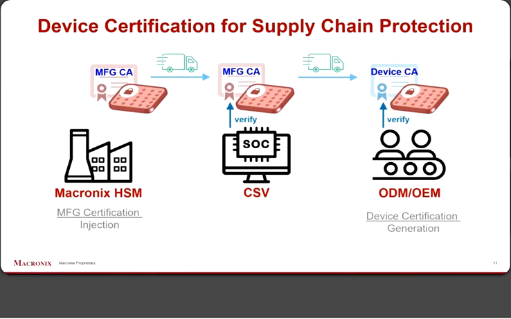And the chipset vendor then validates our part on their device, and then they in turn pass that on to the end manufacturer for the provisioning. And then they can do the same. They can verify the second level certificate.